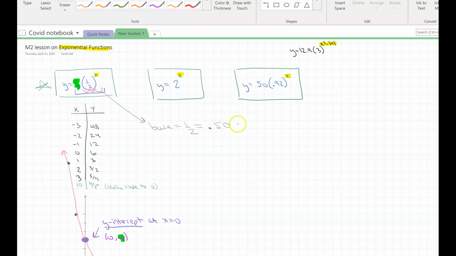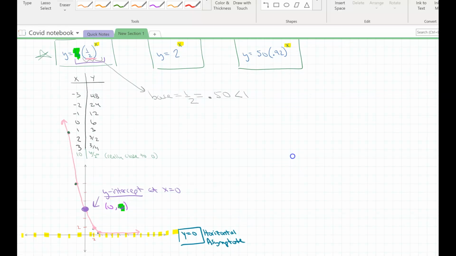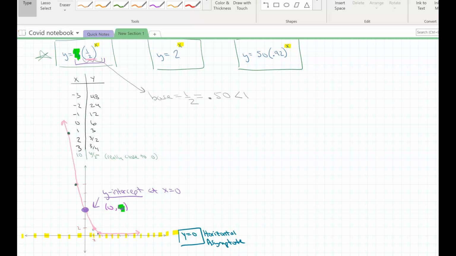I'm going to notice something. This number is less than 1, which means what we're looking at here is something that's losing 50% each time. It's unlike the interest rate question we had yesterday. In this case, we've got something that is diminishing as x increases.